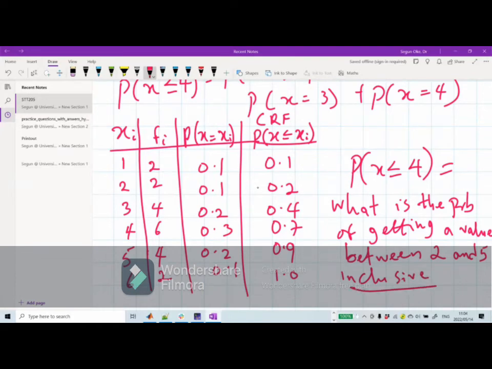Inclusive. Remember this word, inclusive. How do we solve this problem?